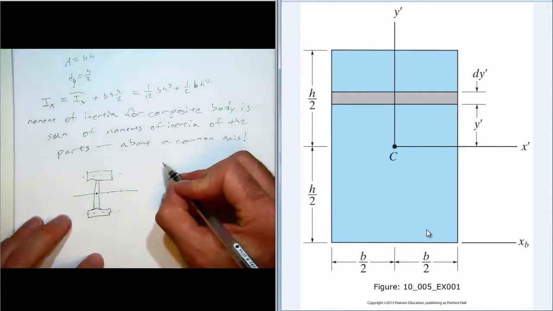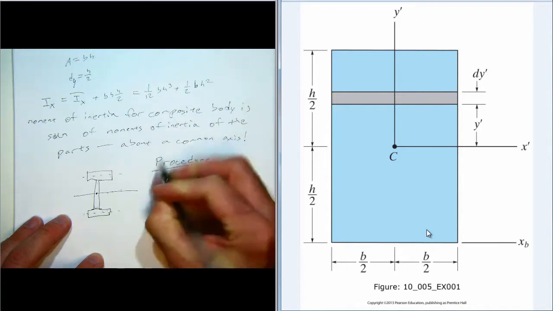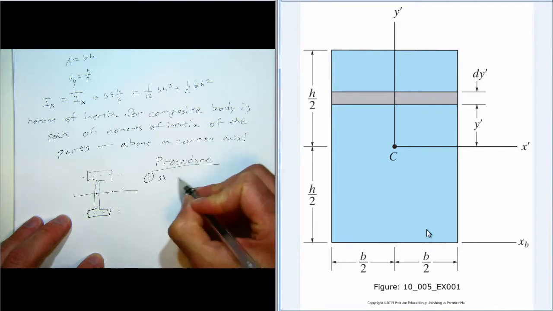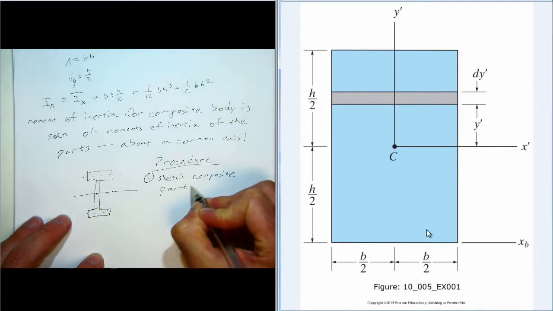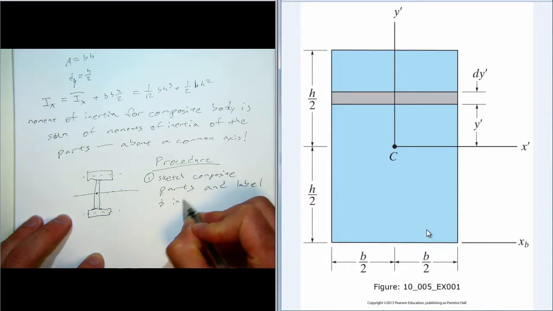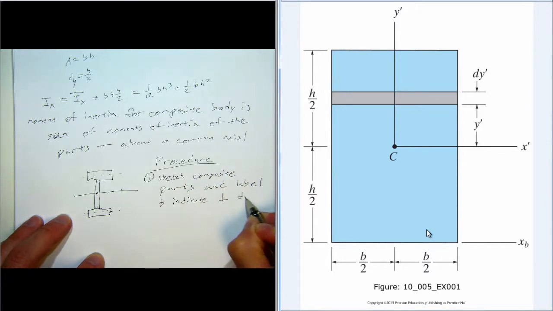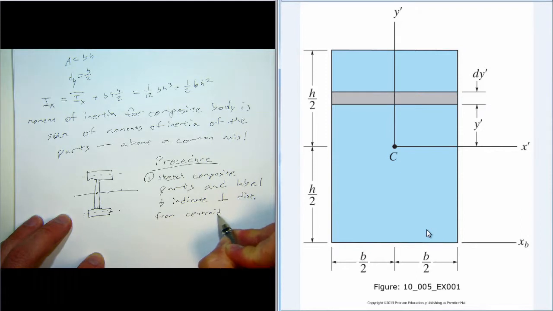So the procedure for finding the moment of inertia of a composite body is to first sketch the parts, label them, and indicate the perpendicular distance from the centroid to the reference axis. So that's your sketch.